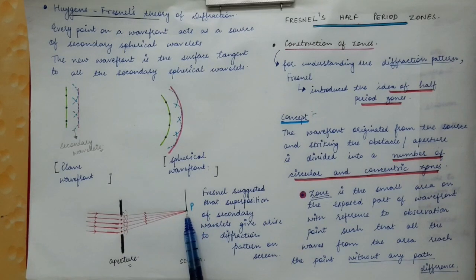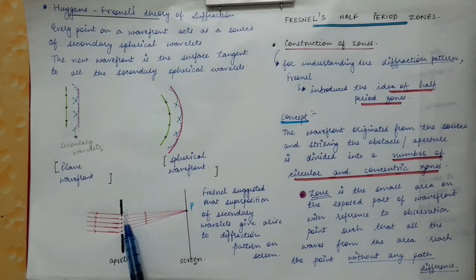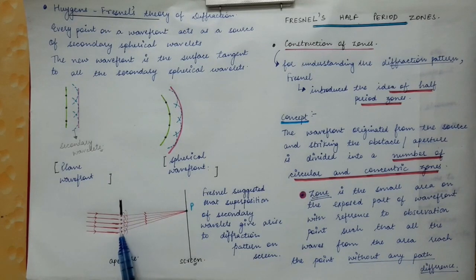Now if we take any point on the screen, capital P, these are the secondary spherical wavefronts which are emitted in all directions after the light rays have passed the aperture. So after these light rays fall on the aperture, the wavefronts will now be spherical in shape.